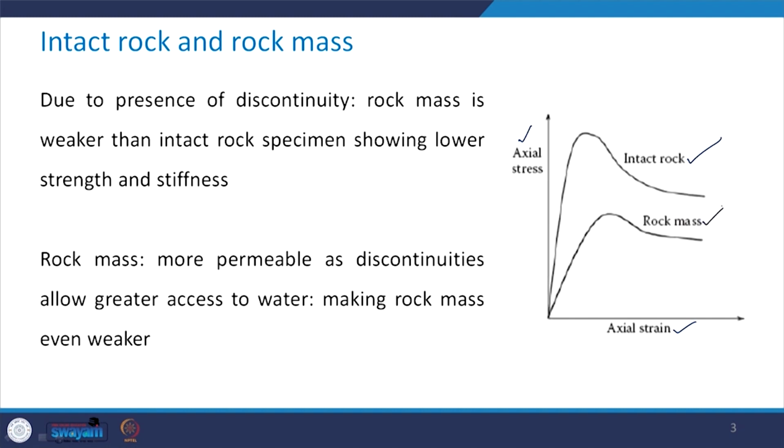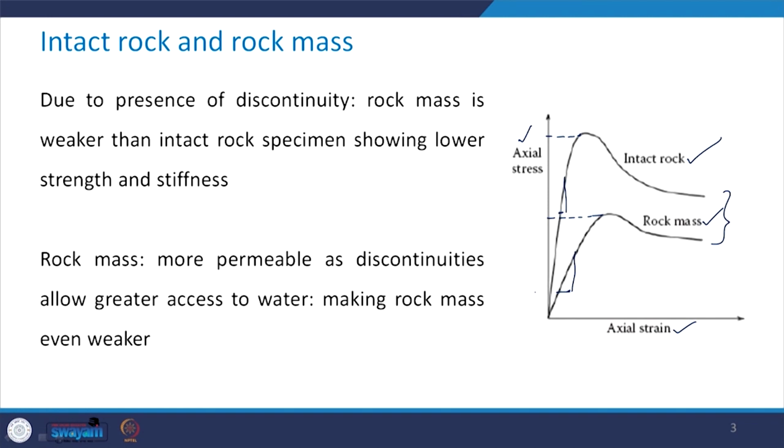If you compare these two, the peak strength for the intact rock is somewhere here, and for the rock mass it is somewhere here. Similarly, its stiffness is like this in case of the intact rock, and in case of the rock mass it is like this.